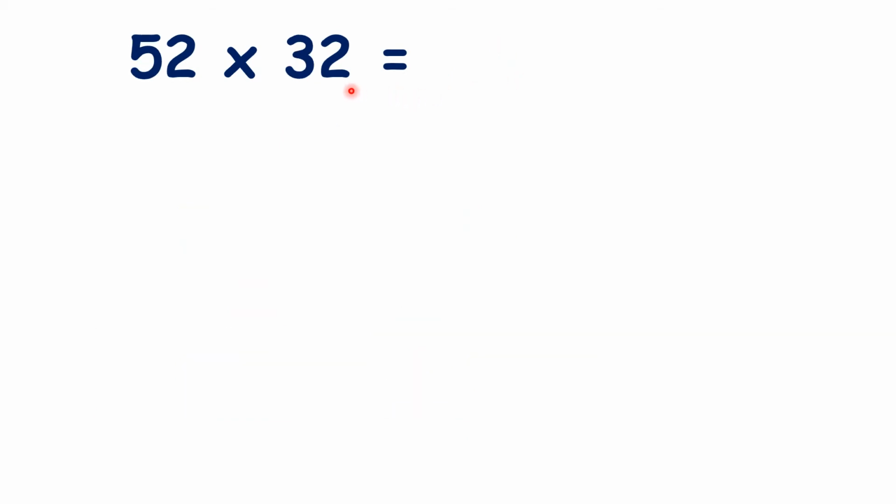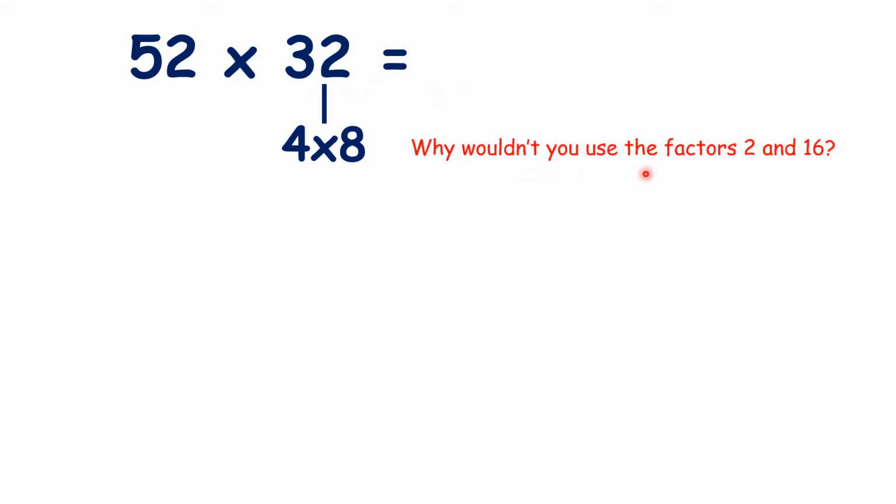Now pause the video and try 52 times 32. We can use 4 times 8 for 32. Now 32 does have other factors, but why wouldn't we use the factors 2 and 16? Well, unless you know your 16 times table, that won't make it any easier for you.